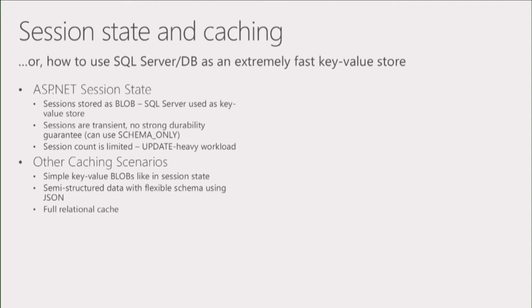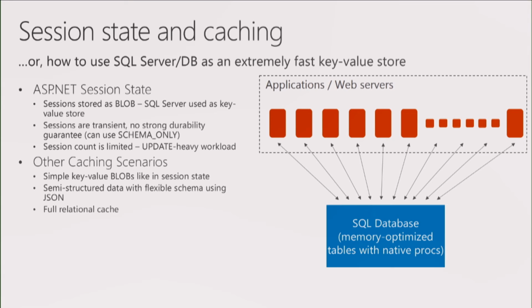So in terms of other caching scenarios, besides just putting a blob of data there, you can also think about having some semi-structured data like JSON in there, using the new built-in JSON functions that we have, or even a full relational cache. If you want to cache tables or rows with attributes, you can just store them in tables, right? So this is generally roughly what the architecture would look like.